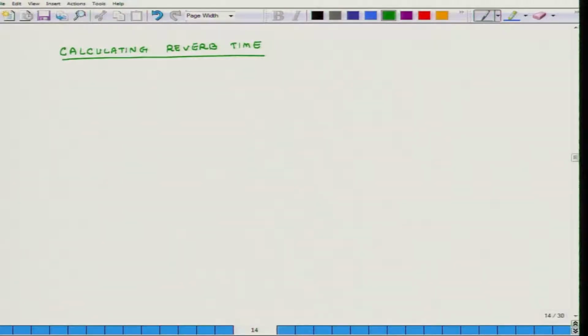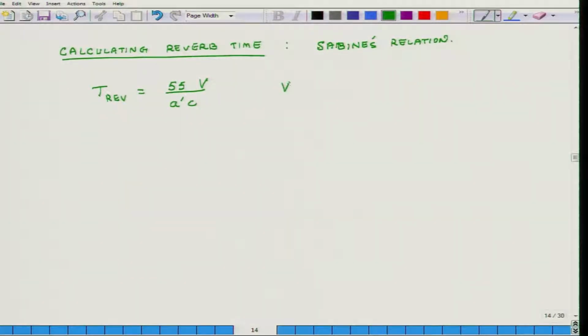There are several formulas available, but the most popular formula is known as Sabine's relation. I will not derive that relation, I will just write it. T rev is equal to 55 V over A prime C.